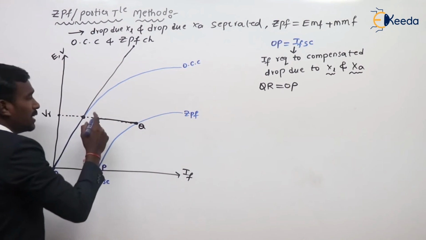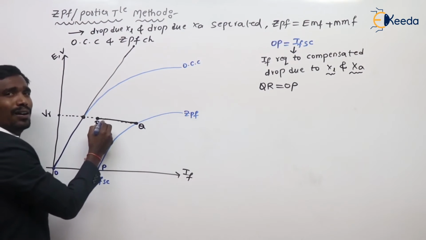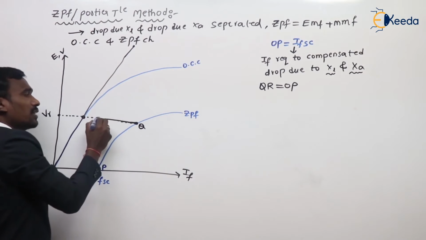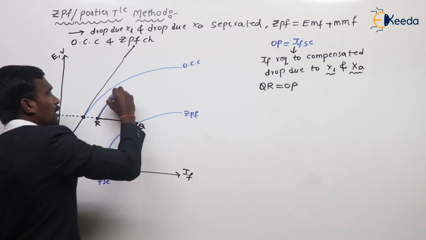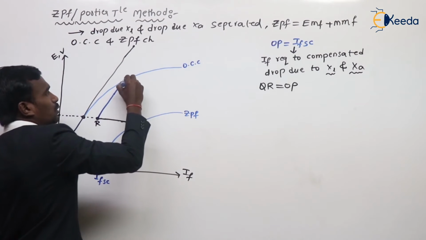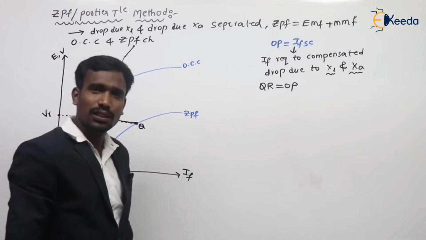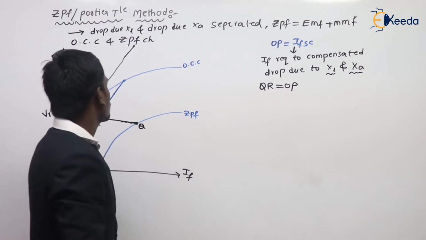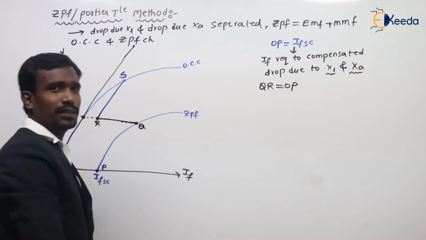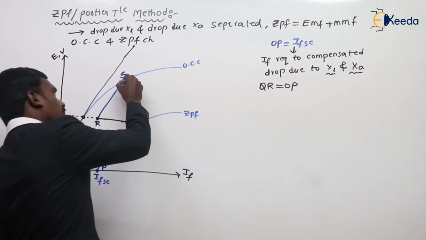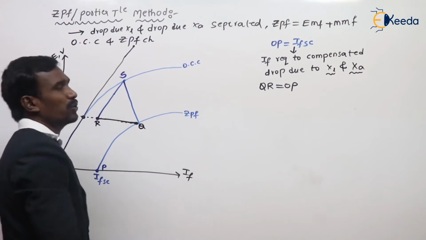Now take a line parallel to the tangent from R, up to where it intersects the OCC. This is the point S. Combine S and Q.